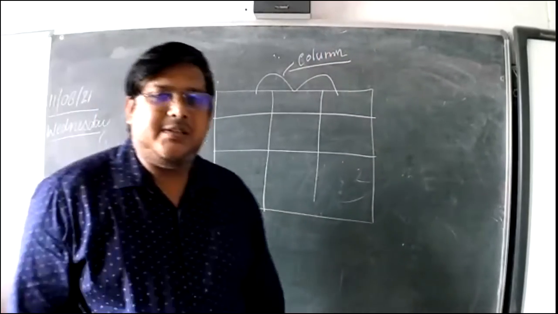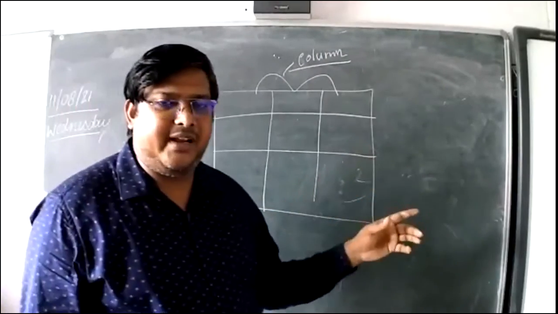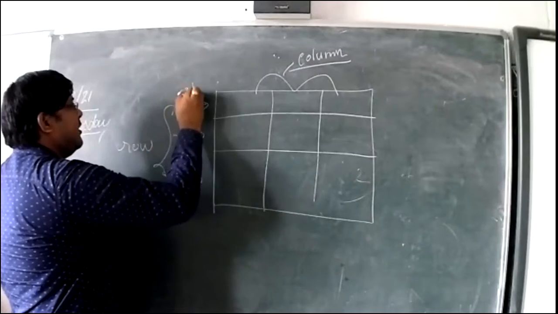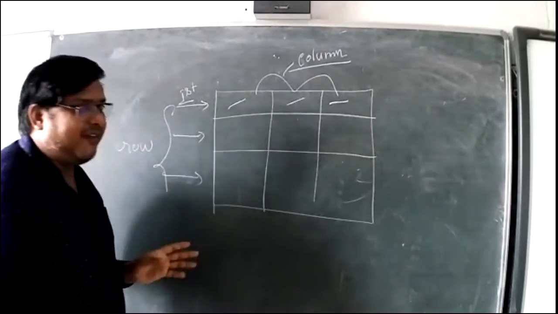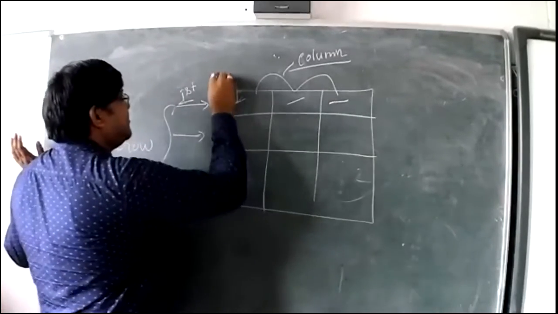In a web page, the table is represented in such a way. In one row, this is the first row. How many columns do we have? 3 columns. That means this is one cell. What is this?